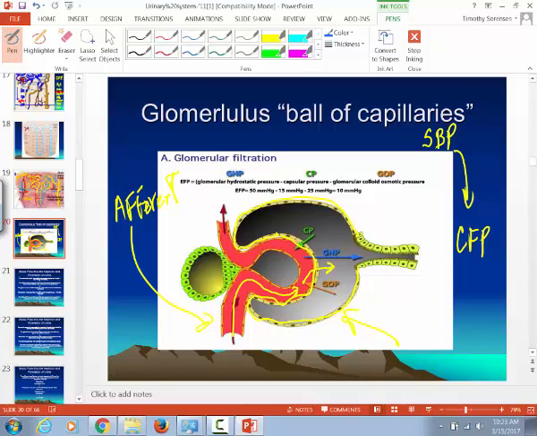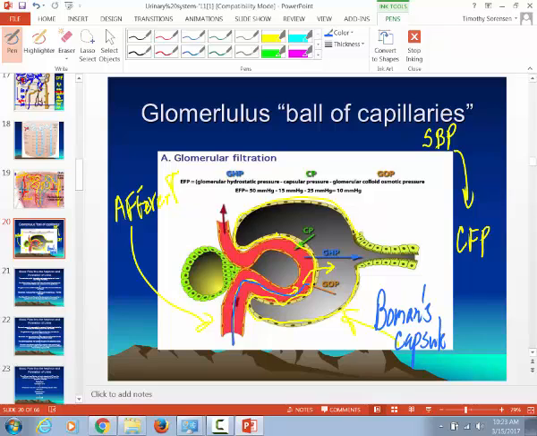Okay, so watch. That capillary fluid pressure is going to force the plasma of the blood from the glomerulus into what's called Bowman's capsule. And Bowman's capsule collects that plasma that was filtered by the glomerulus.